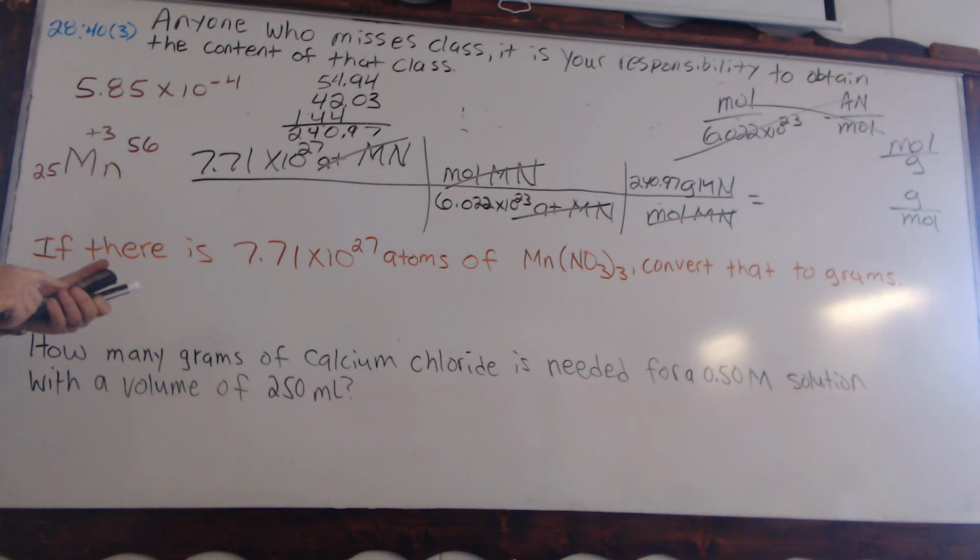So we take 7.71, second, change it to your exponent, above the 7 key, type in 27. Take that times 240.97. That gives you 1.8578 times 10 to the 30th, but we're not done yet.